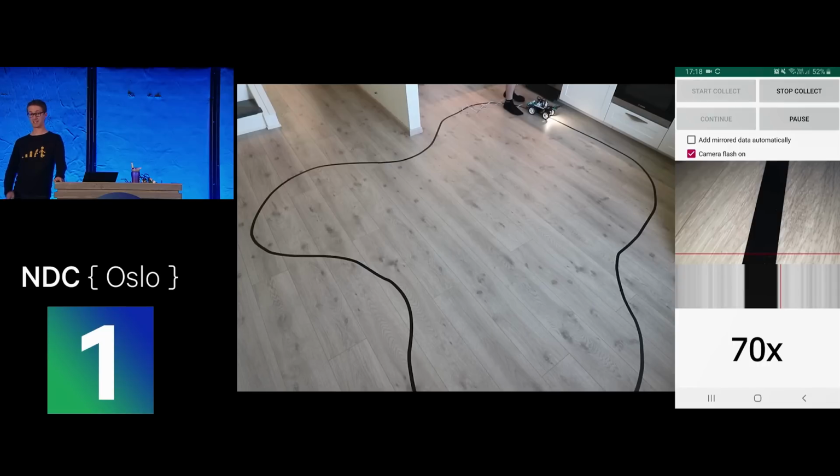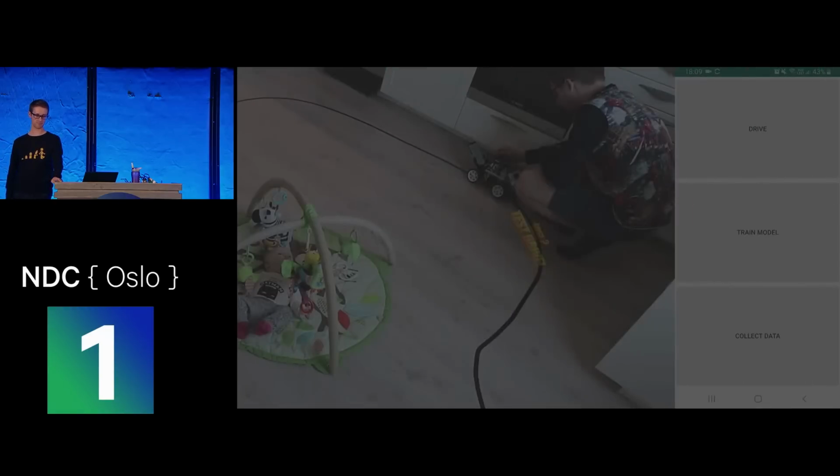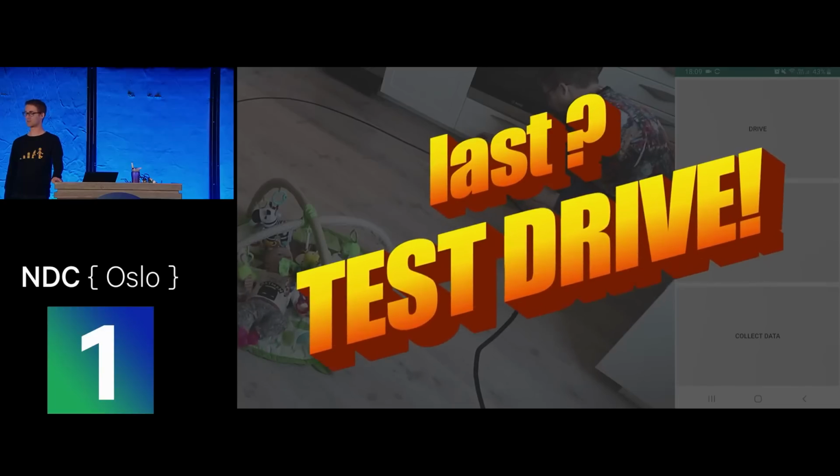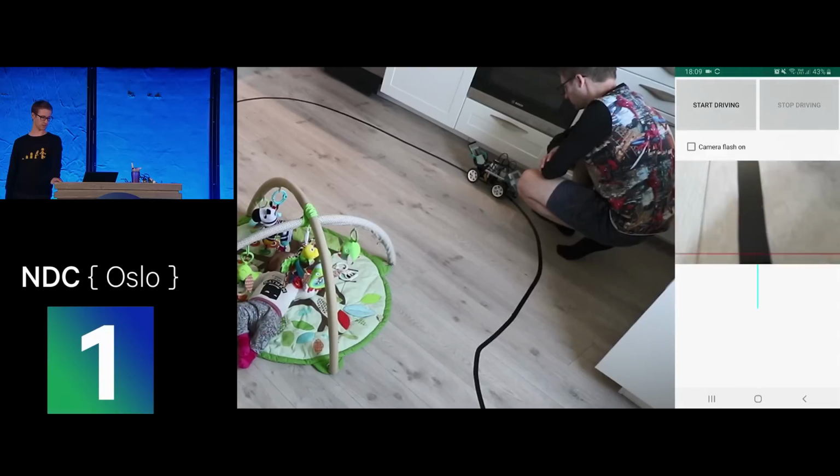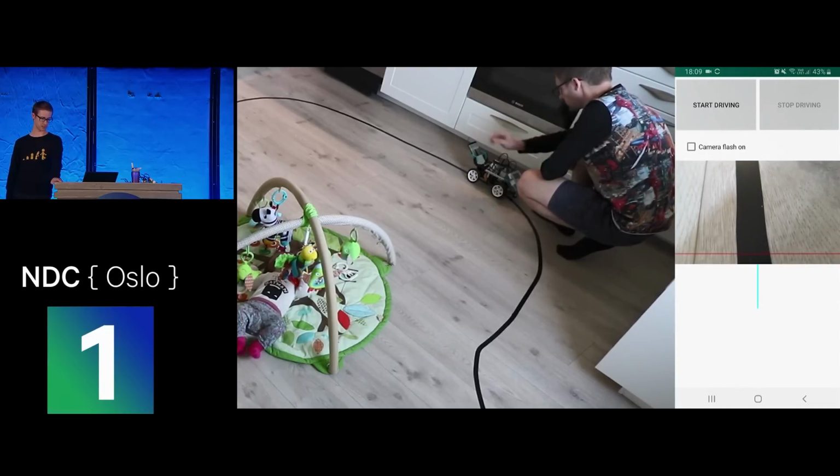Okay, now we have a new model. We have data, and behind the scenes, I have done gradient descent, so we have trained the model. Let us test drive again. Again, we initialize the steering all the way left, all the way right, and then sensor position.